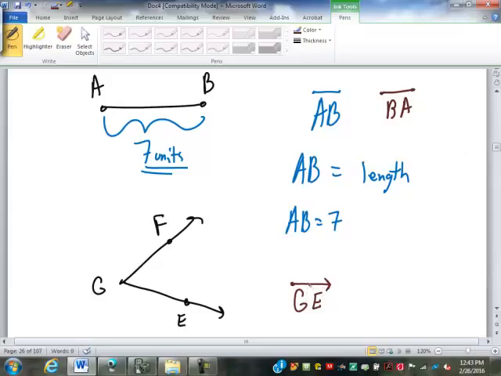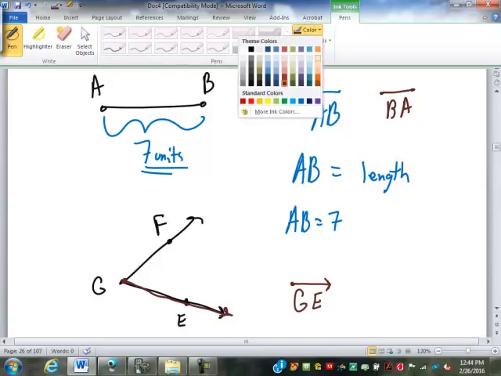No. A segment has no starting point. A ray does. A ray has a definite starting point. It starts at G and it goes this direction. A segment doesn't necessarily have that. So with a segment, you can switch the points. In a ray, you do have to have them listed in order, from the starting point, then into the direction that it's going on forever.